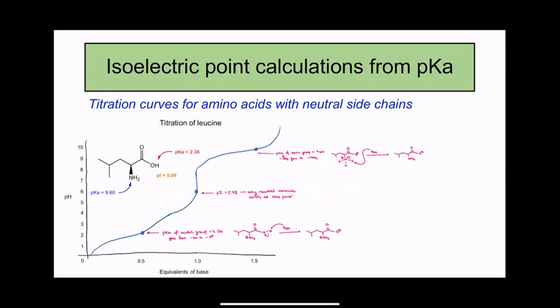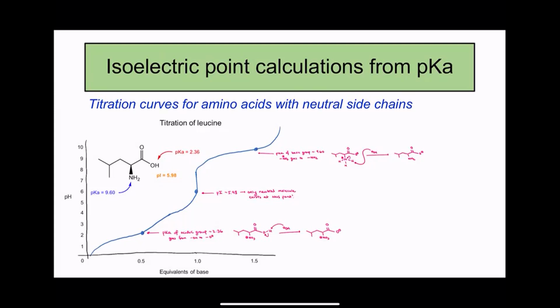So at your first half equivalent, you'll be at the pKa of turning the acidic group from your protonated version to your deprotonated version. So in this example with leucine, you'll be converting your carboxylic acid, so that's the acidic group that you have, into your deprotonated version.